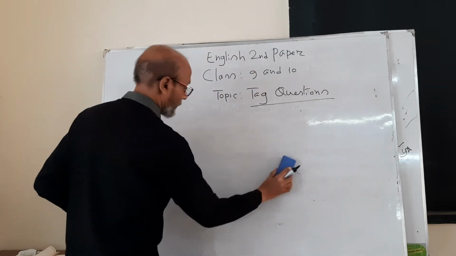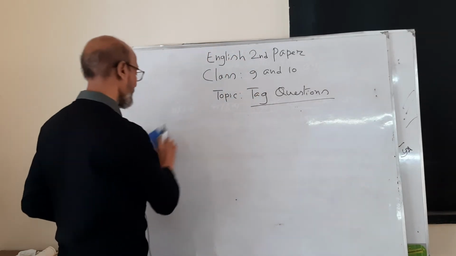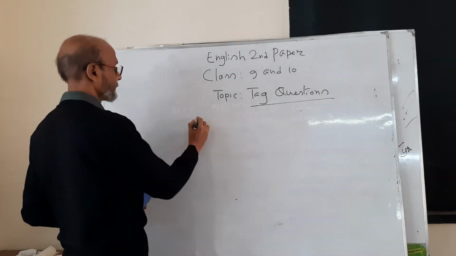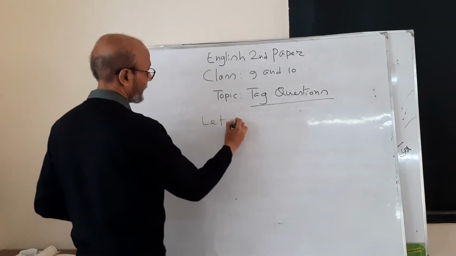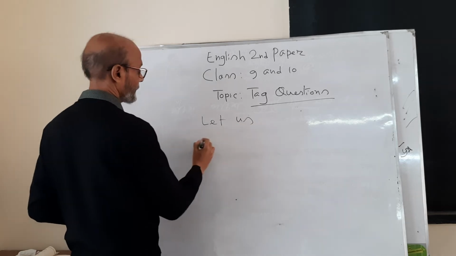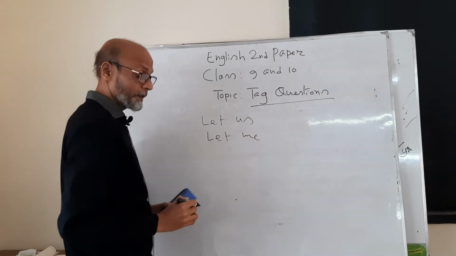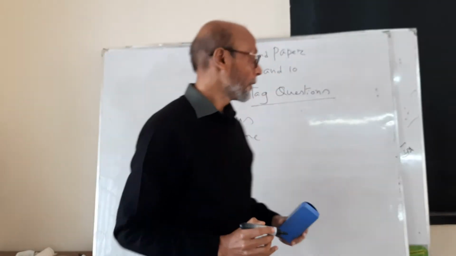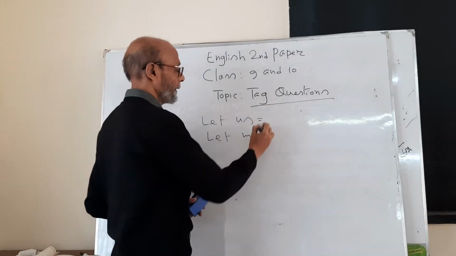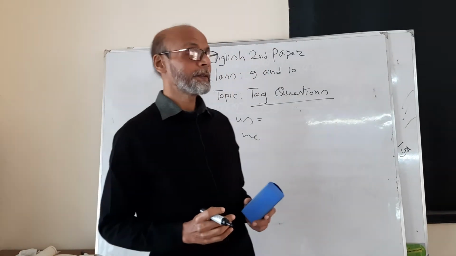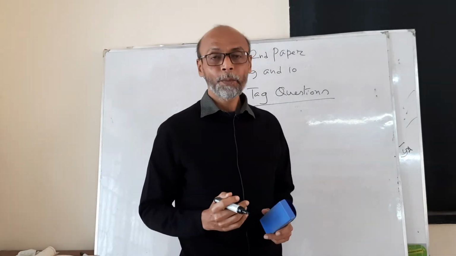Another important thing for us, we will find sometimes the use of "let us" and "let me." These are the imperative forms. When you find "let us," it ensures that this is a proposal.